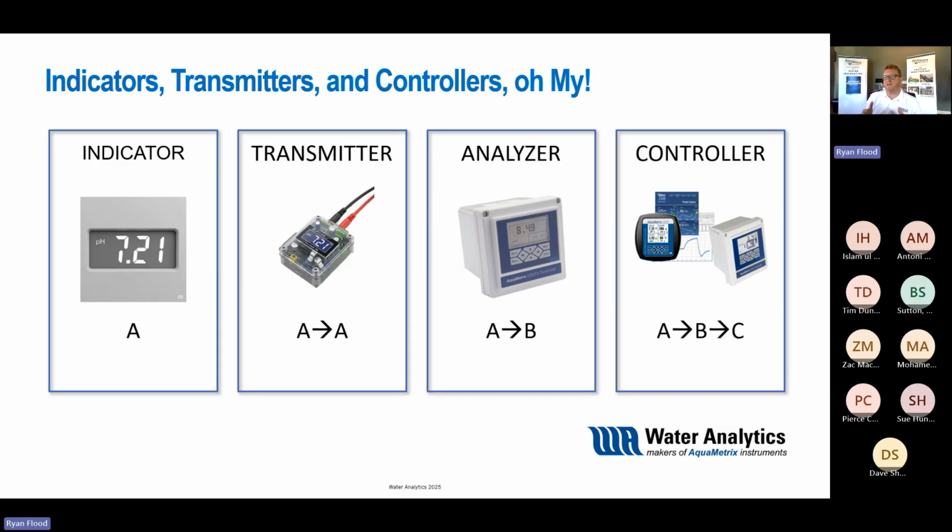When you start to look at indicators, transmitters, and analyzers, they all do have some overlap and blend across each other, right? So you may have an indicator that's also simply an analyzer, and you may have a transmitter that's also an analyzer. But then you get to the last part of this bucket, and that becomes the controller, right? It's going to take that value from whatever, if it's a raw state or a constant, right?